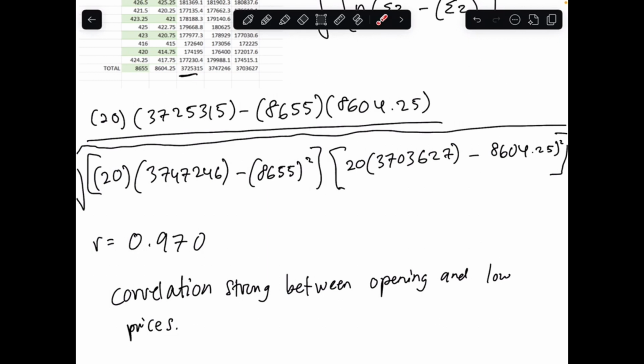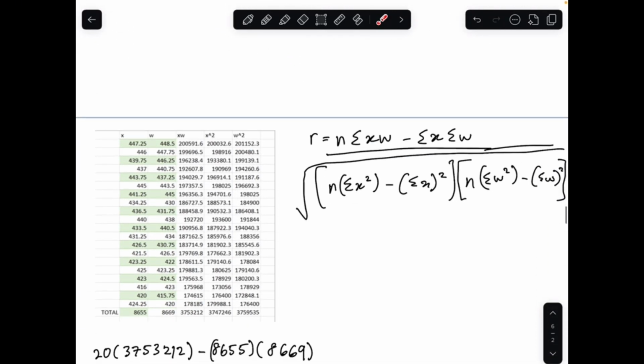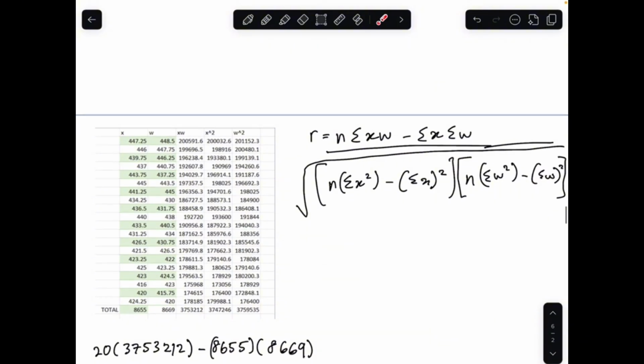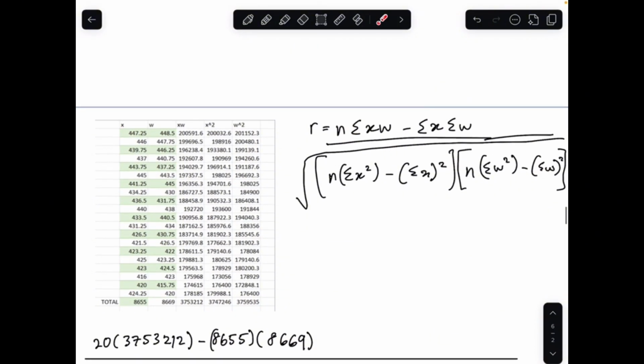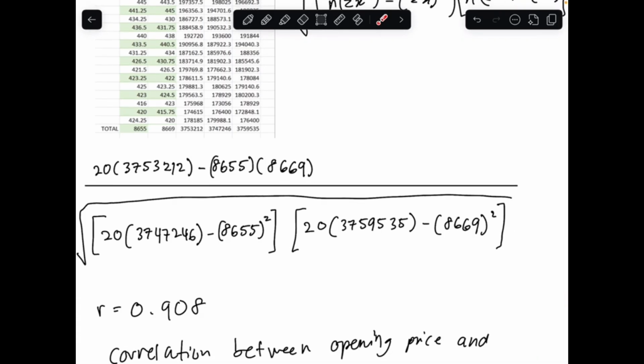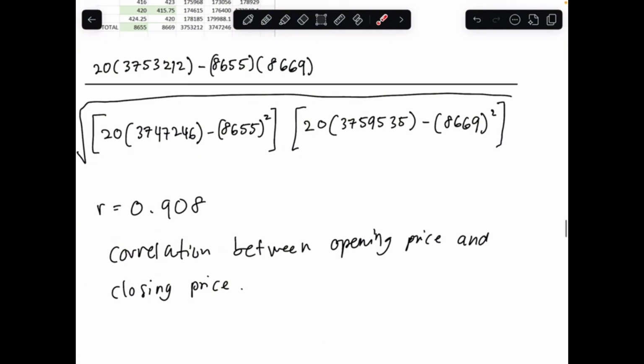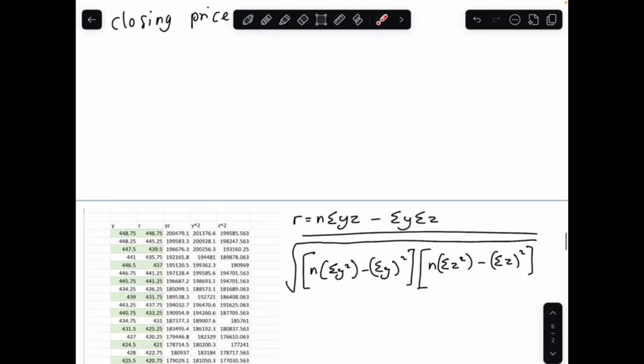So there is correlation between them. Next, the correlation between x and w, which are opening and closing prices. Using the same formula and substituting the values, we get 0.908, and there is also correlation between them.